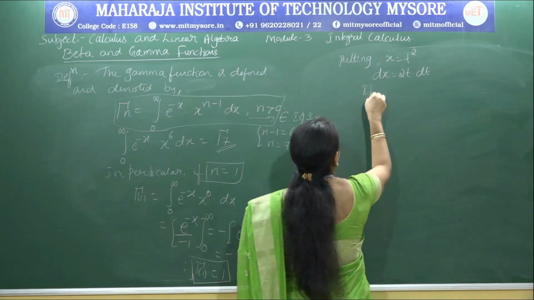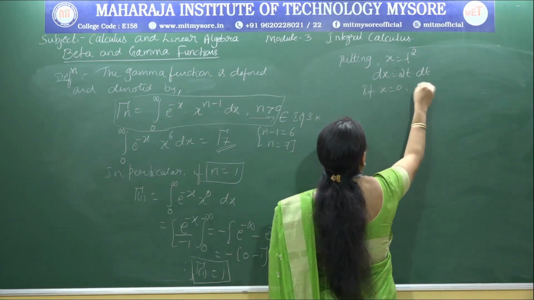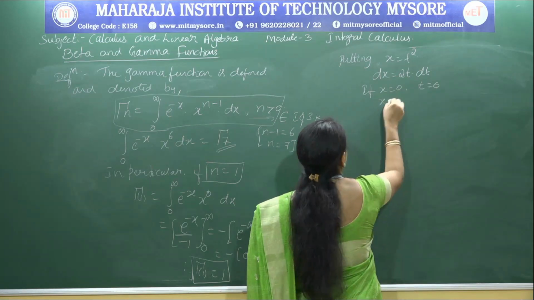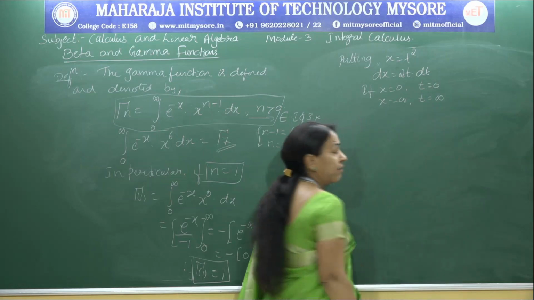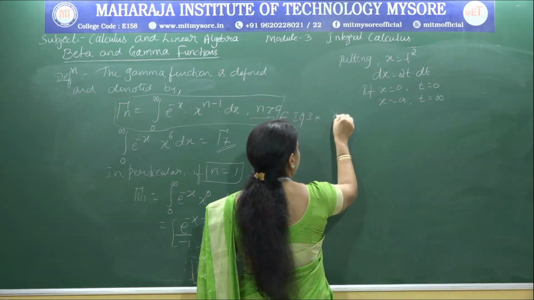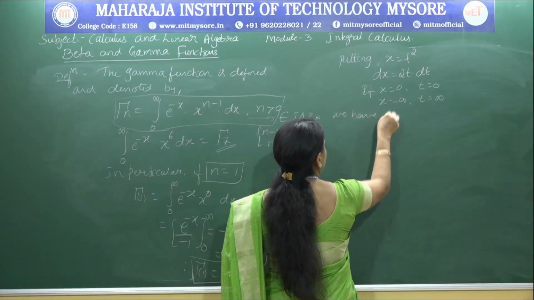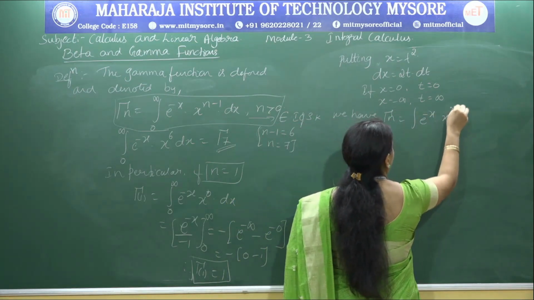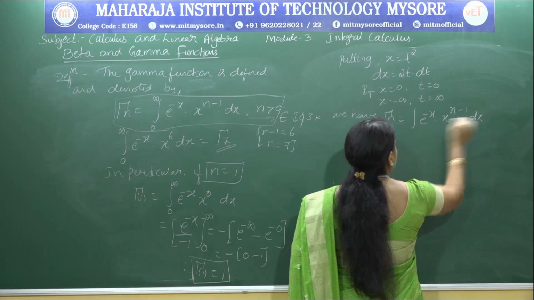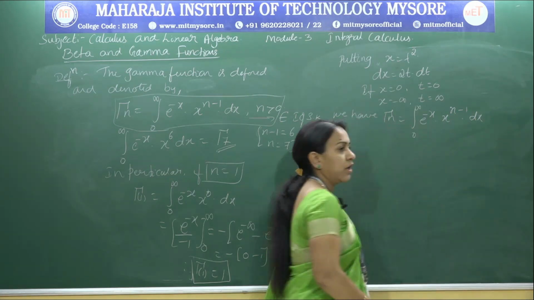Of course, we have to change the limit. If x is 0, t is 0, and if the upper limit of x is infinity, then t is also infinity. So, what we have? We have gamma n is equal to integral e power minus x into x power n minus 1 dx between the limit 0 to infinity.